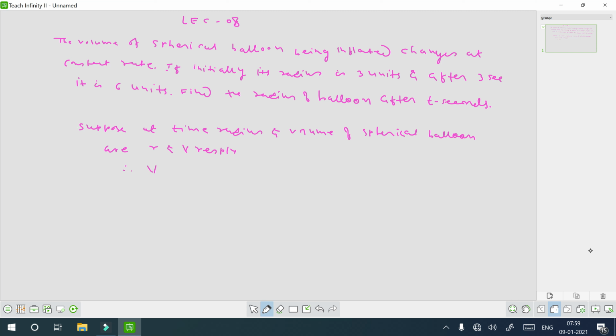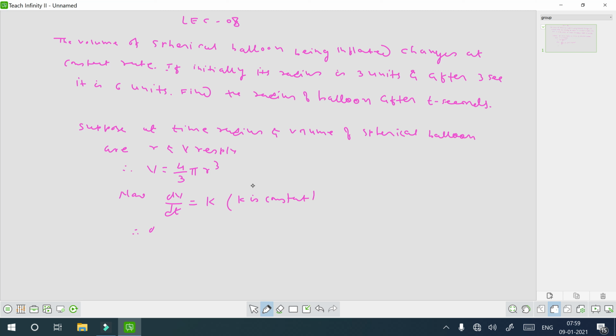And what is V? What is the volume of a sphere? 4 by 3 pi r cube. Clear? Now, it is given that dV by dt is a constant k. That means it changes at a constant rate, that is given to us.